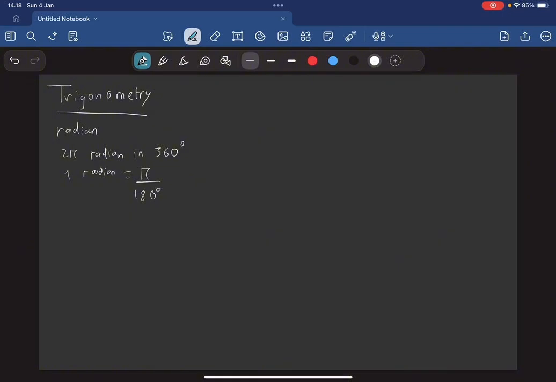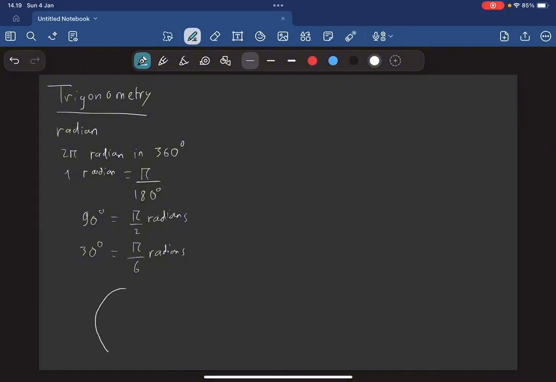Thus, 90 degrees equals π divided by 2 radians, and 30 degrees equals π divided by 6 radians. Thus, a radian is about 57 degrees.